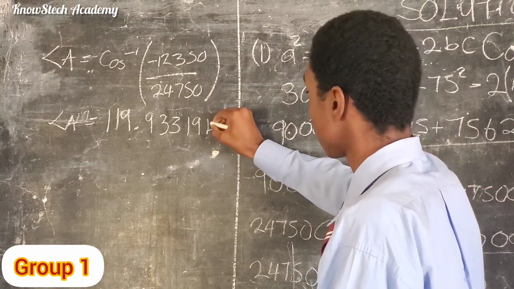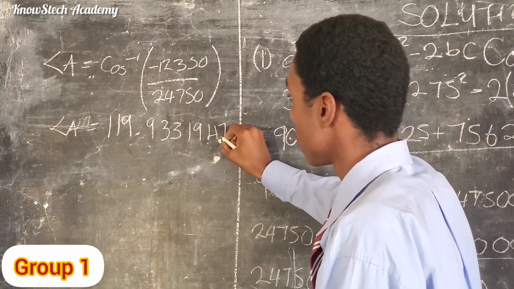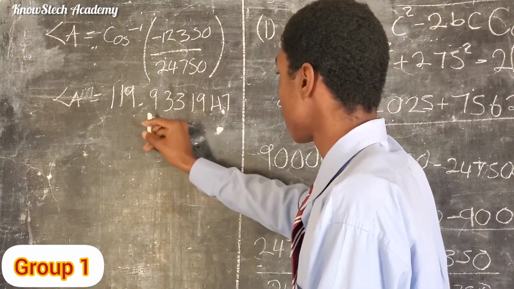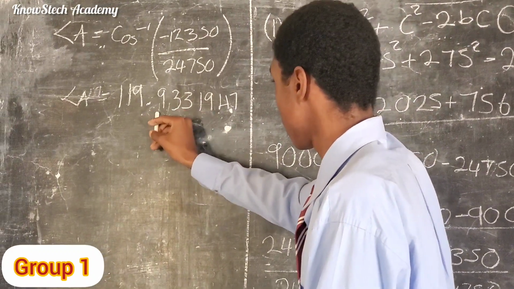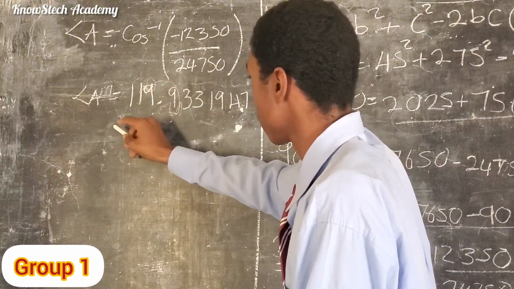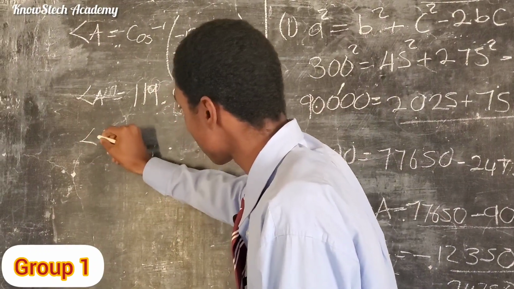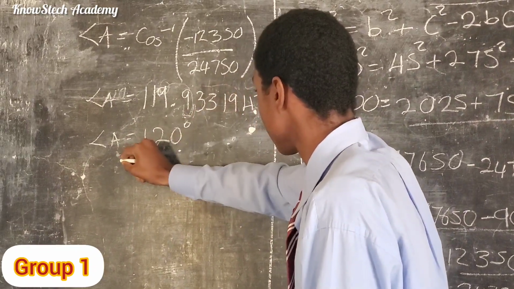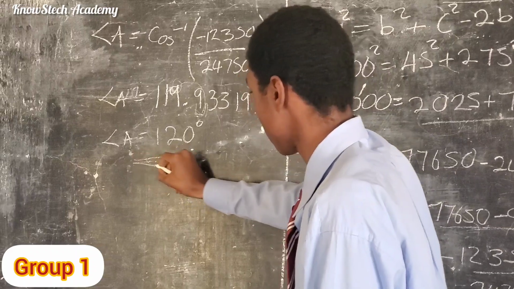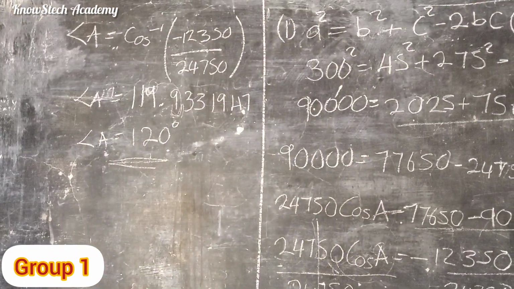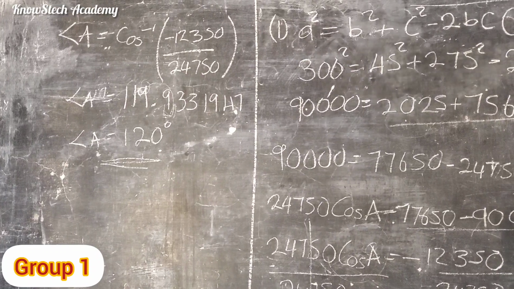Since the number after the decimal point here is greater than 5, we add the 1 to the 9 here, which will make it 120. And this is our answer. So angle A equals 120 degrees.